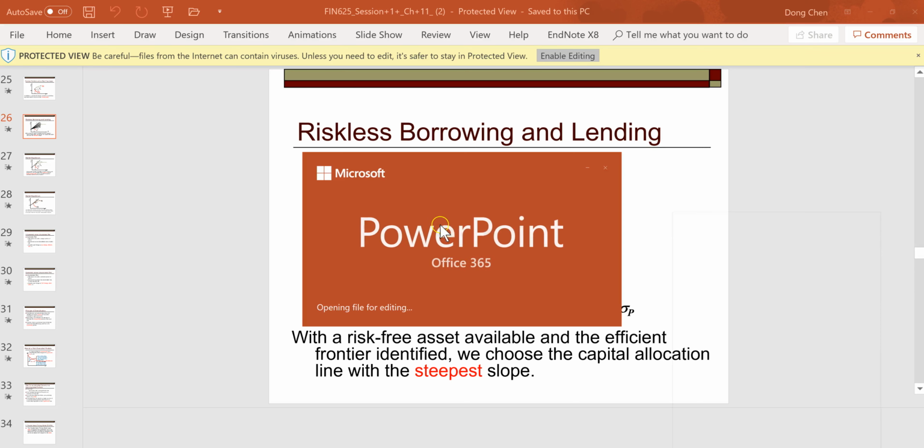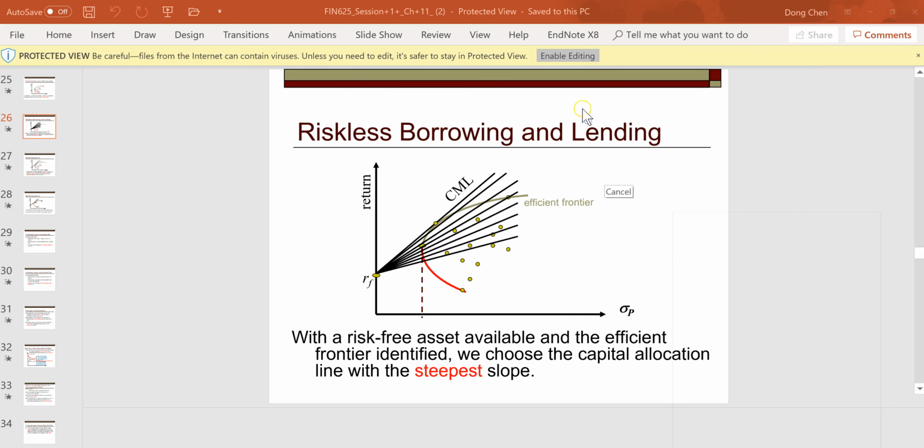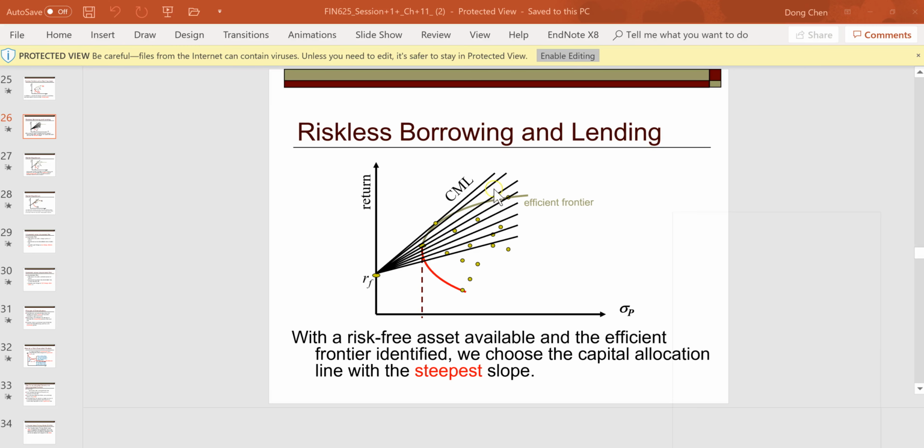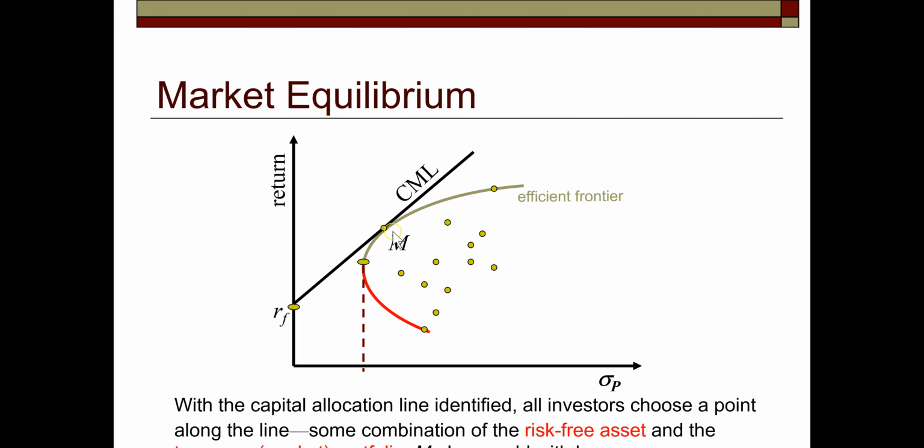This is the market portfolio, and then this is the risk-free asset. The job of an investor is to choose a point on this capital market line, which is the combination of the risk-free asset and this market portfolio, right?